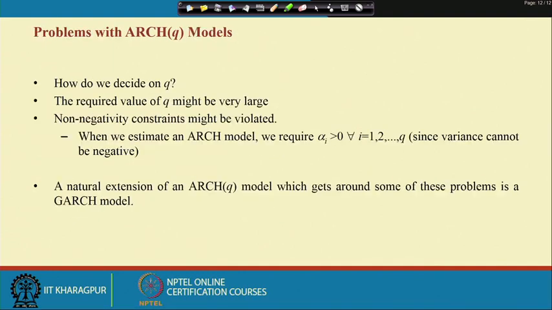So, now a couple of questions. First thing, how to decide the q, that is the number of lags. The required value of q might be very large, or it should not be too small. Okay. Then this needs an optimum one.